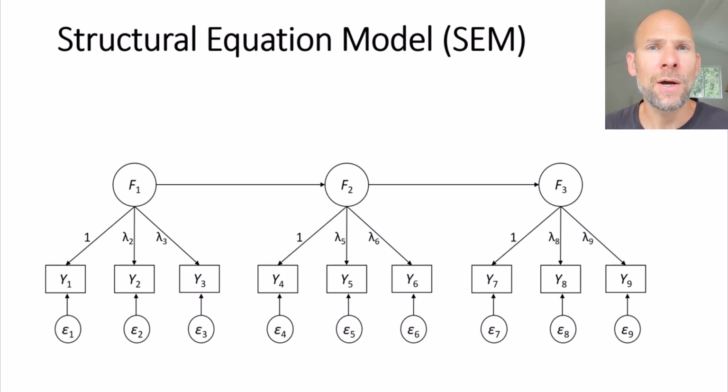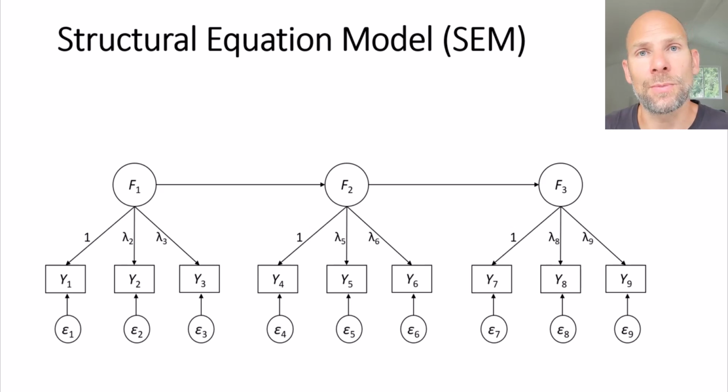So now we are more specific about the relationships that we hypothesize for our factors, whereas in the confirmatory factor model, we only assumed that the factors can be correlated. So they all were allowed to freely covary. We had no specific hypotheses about those effects or what kinds of effects may exist between those factors.